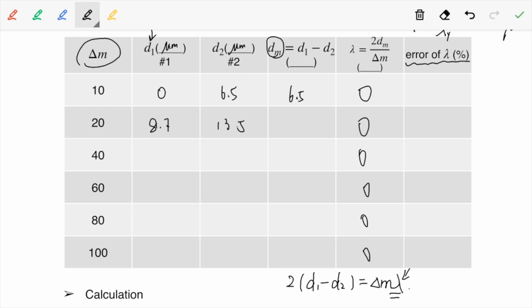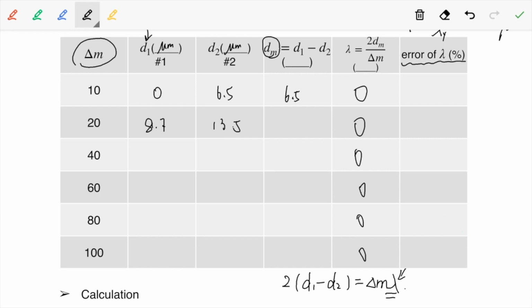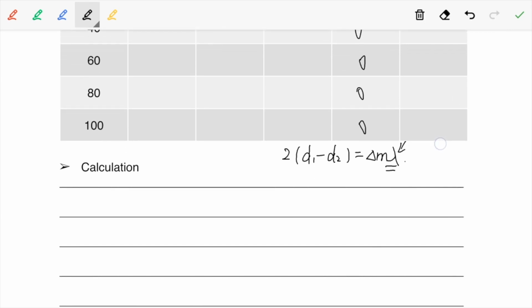So finally, the graph will look like this, drawn here. This is 2 times d1 minus d2, but it's up to you; you can carry the 2 or not, it doesn't matter.